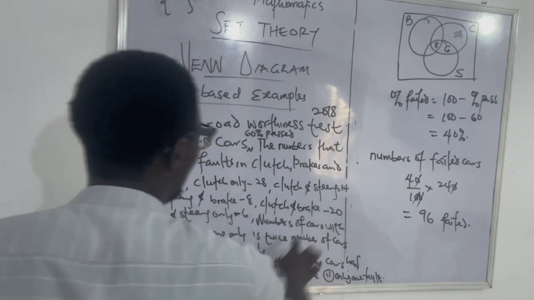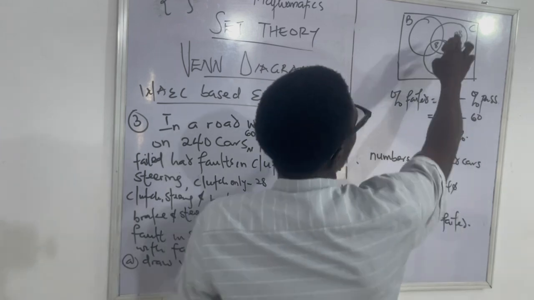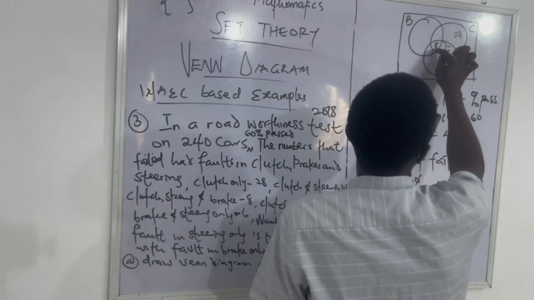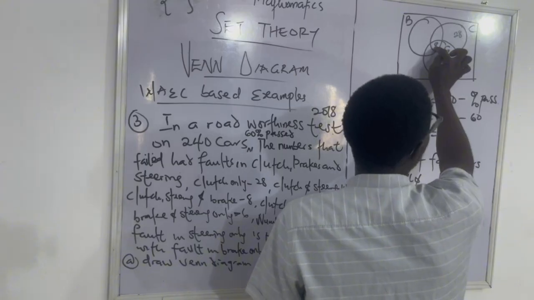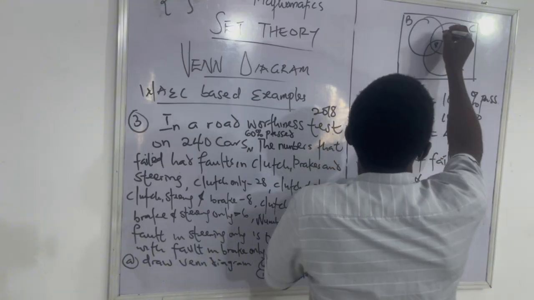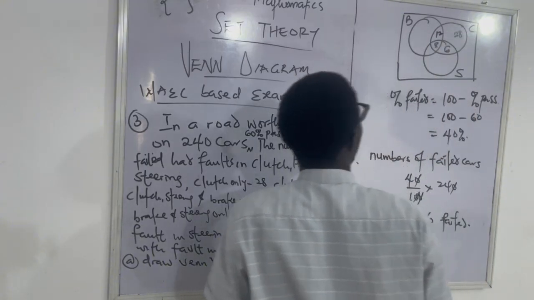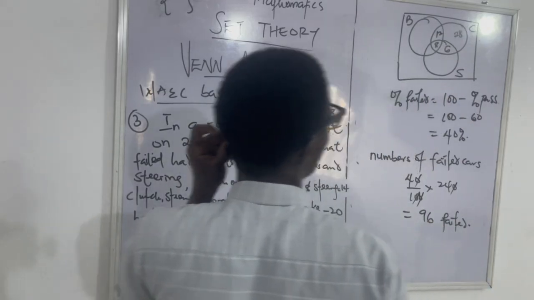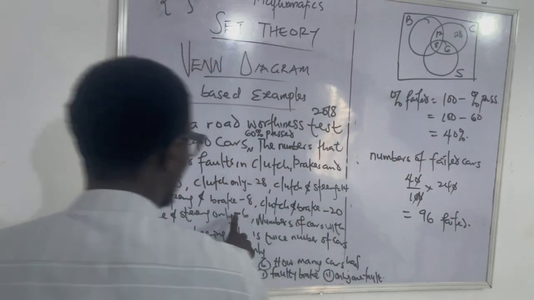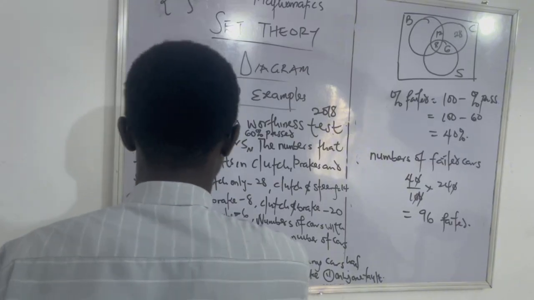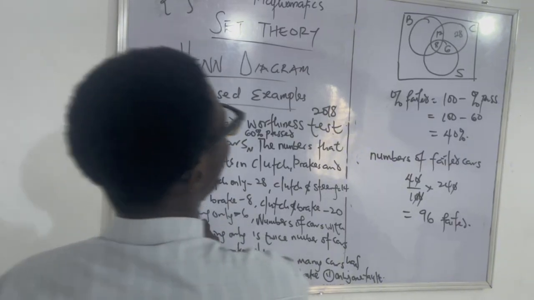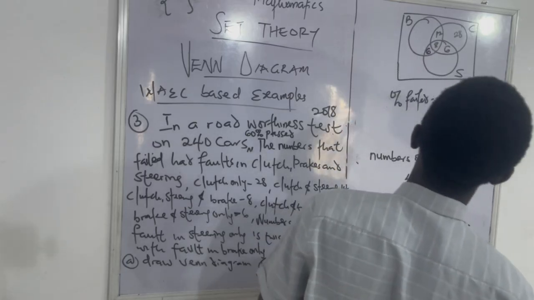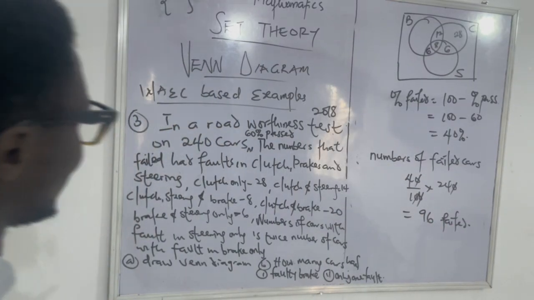Clutch and brake is 20. If the whole of this place is 20 and this already took 8, this place will be 12. Are we together? So 12 plus 8 is 20. Then brake and steering only, that's 6. So we are done with that.